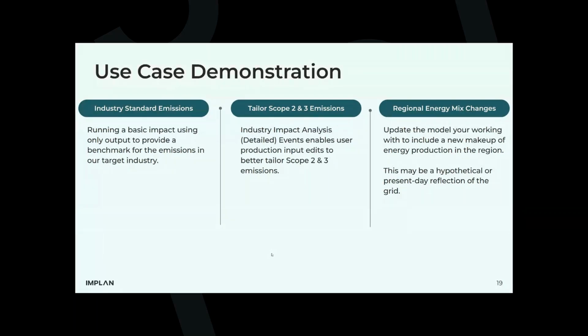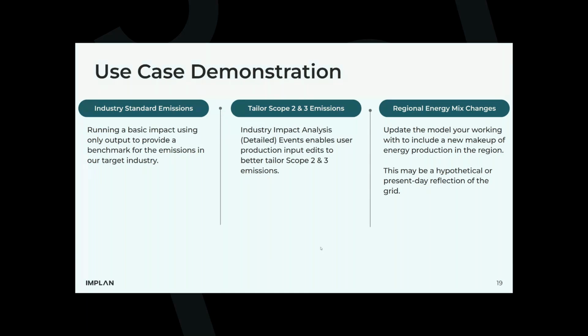Finally, we'll play with changing the regional energy mix so that we can actually update our model to reflect a new makeup of energy production in a region. This could be a hypothetical scenario of saying, well, what would this look like if our energy mix were to change in such a way? Or you can reflect a present day image of what the grid is in a specific region.